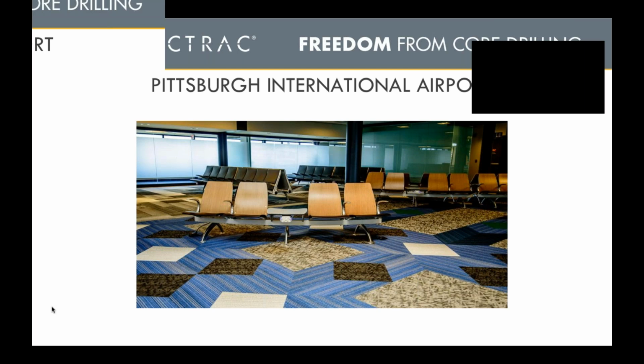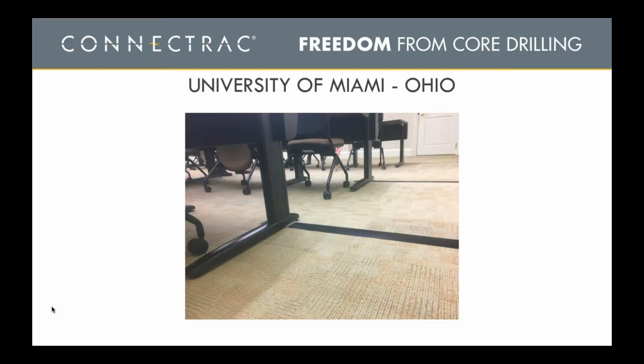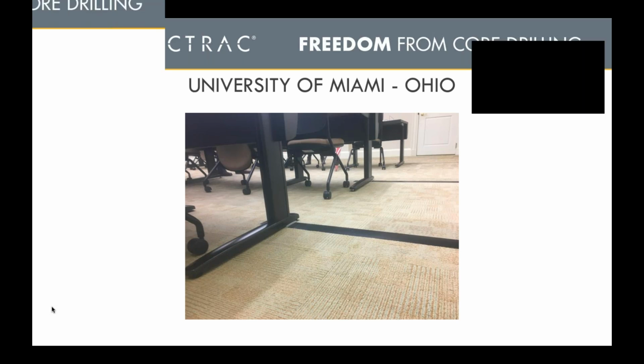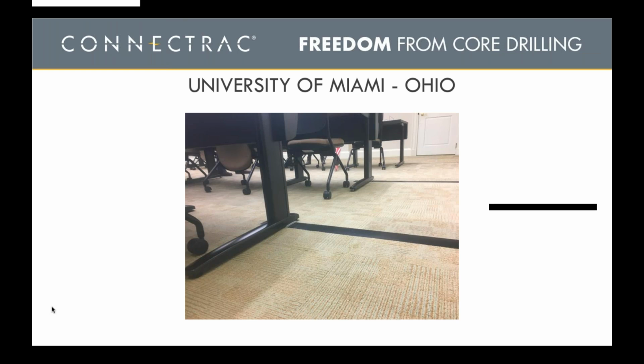So what happens for you facility managers who work in old buildings? I'm going to explain to you what happened to a building that was 107 years old for an architecture department, the School of Architecture at the University in Ohio. They didn't want to risk any damage to this aging structure's foundation by trenching or concrete or core drilling, and yet they wanted to maintain this historical, pristine feel of the building.